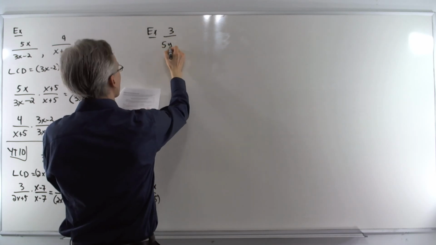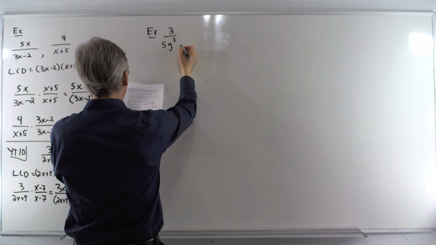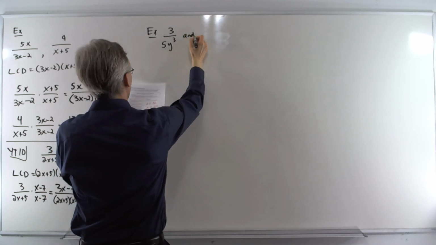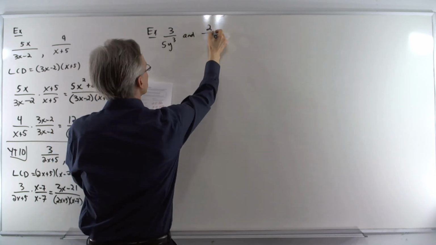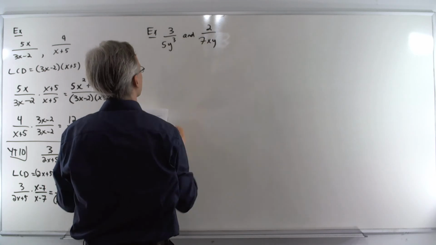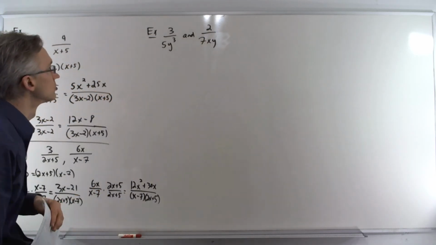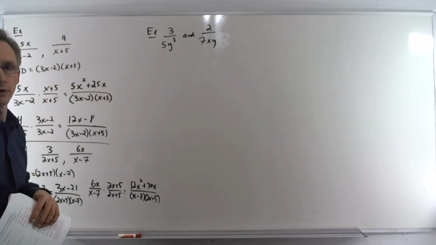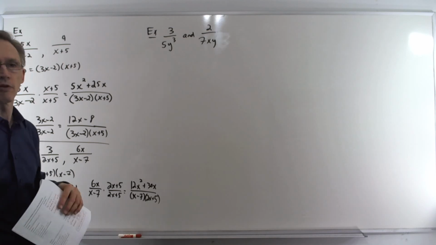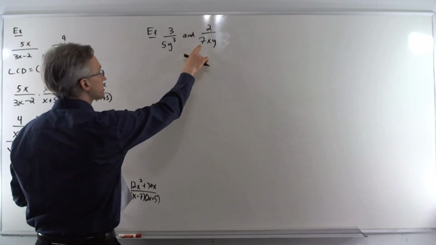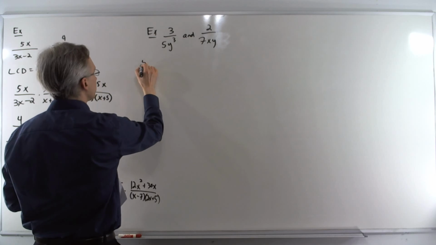Three over 5y to the third and 2 over 7xy. So first thing we're going to do, just as we did before, is start with the coefficients, 5 and 7, and list the multiples.